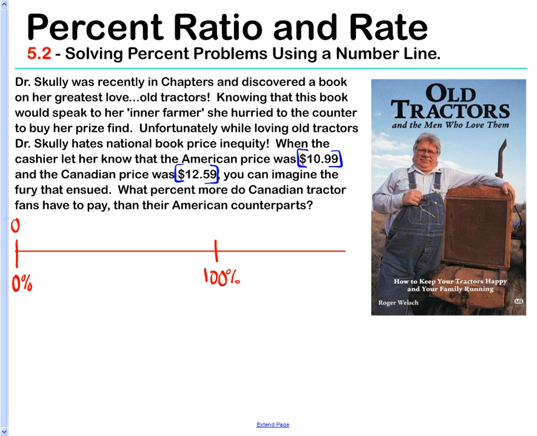And our original price, the price that we're working from 100% of, is $10.99. $10.99 being 10 sets of 100 pennies plus 99, it would be 1,099 pennies. And our unknown percent increase, that we want to know what percent that would go up, is $12.59 or 1,259 pennies.